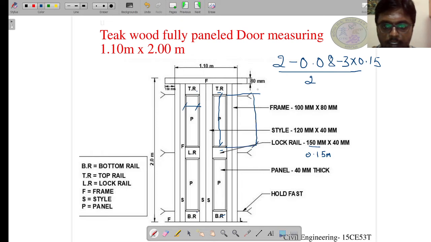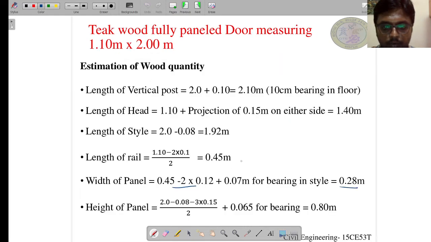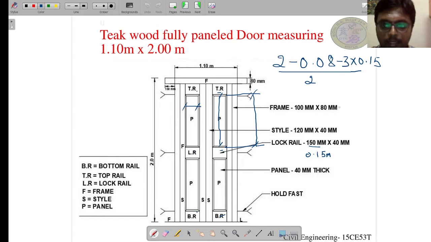And plus again, to secure the panel to the rails, we have to give an additional bearing of 6.5 centimeter or 0.065 meter, which works out to be 0.80 meter. So the length of the panel became 0.80 meter.